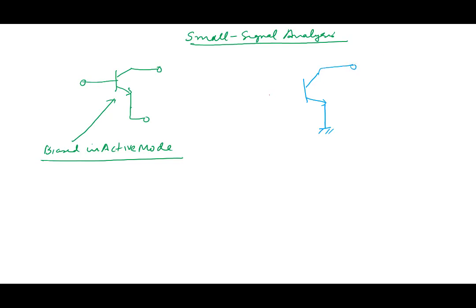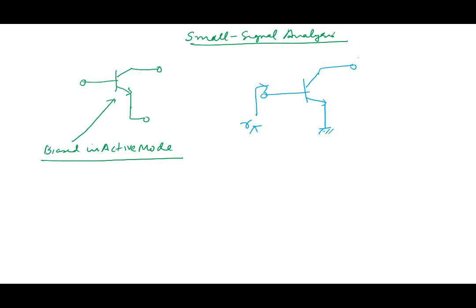Suppose I ask, what is the resistance looking from here? When I look at this transistor, this is ground, and when I look from the base, how does it appear? What is the resistance that I see? There's nothing here. The small signal ground. R pi, correct. It's simply R pi.